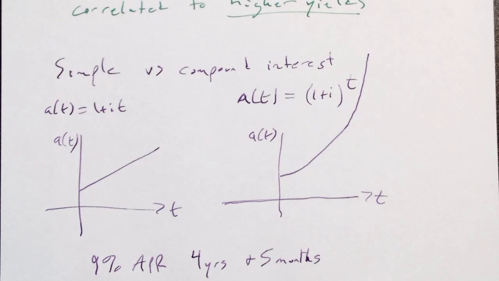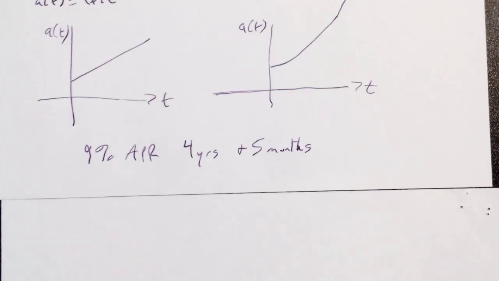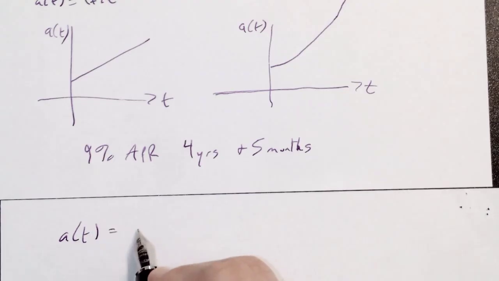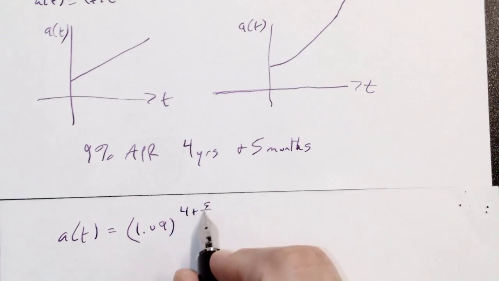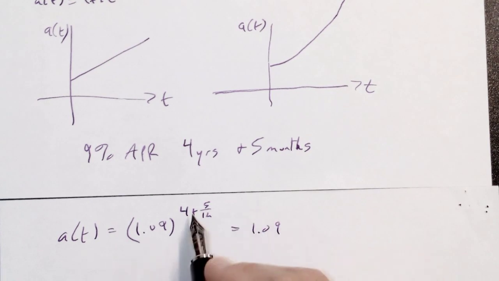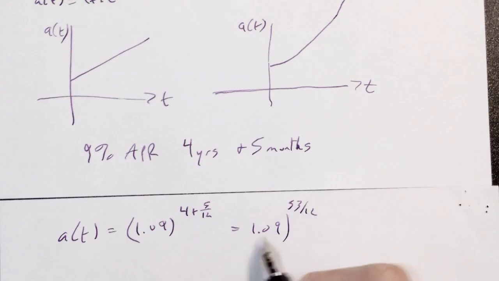If I do this as a single compound interest problem, I would say, oh, well, then my accumulation function as compound interest would be 1.09 to the 4 plus 5/12, or 1.09 to the 48 and 5 is 53 over 12.